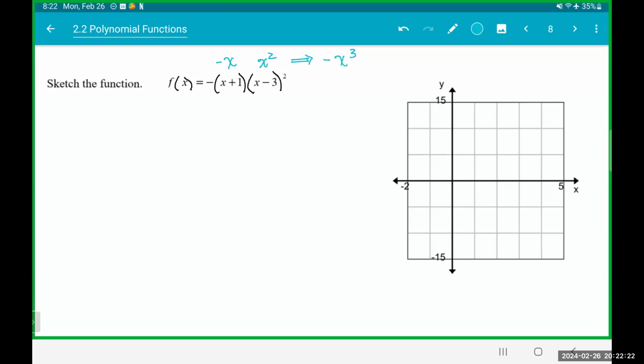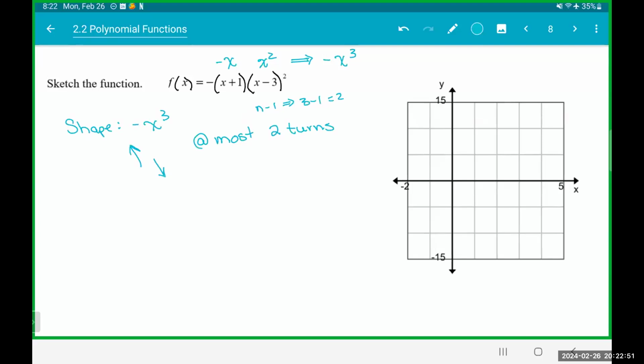So our shape is based off of negative x cubed, which means I'm going to be rising to the left and dropping to the right. I will also know that I have at most 2 turns, because n minus 1 equals 3 minus 1 equals 2.